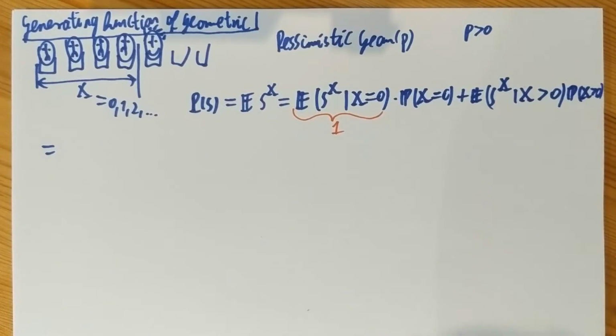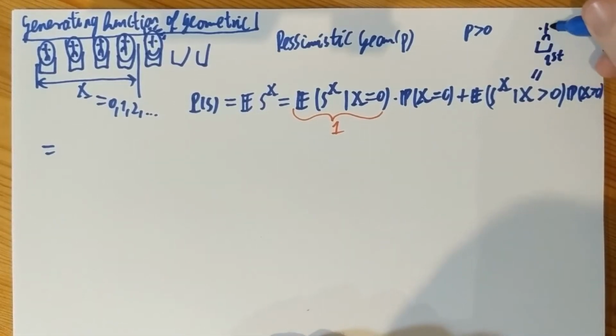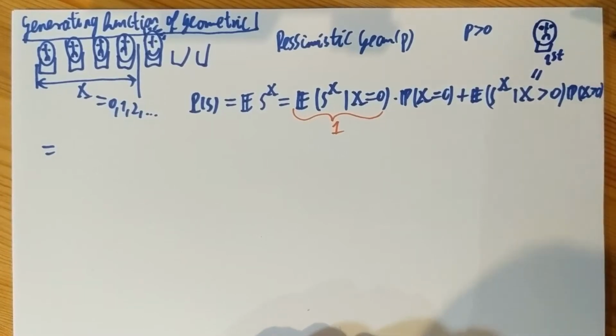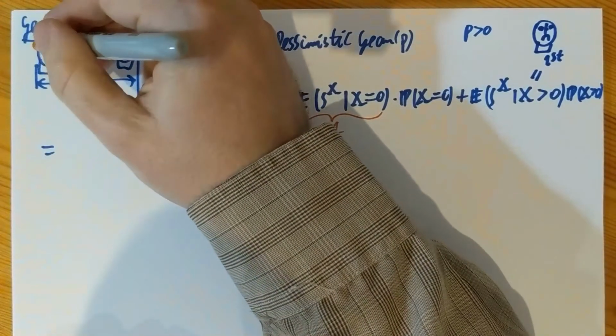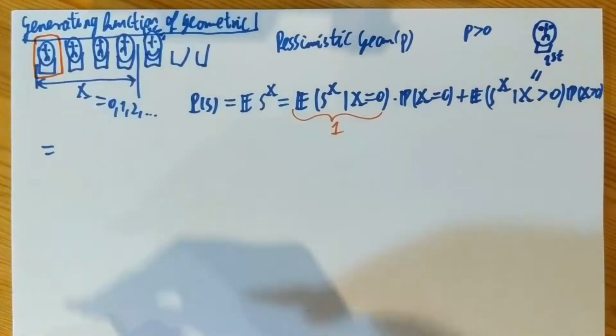This event is exactly the same thing as saying that my first trial failed. I need a positive number of failures before my first success if and only if the first trial failed.